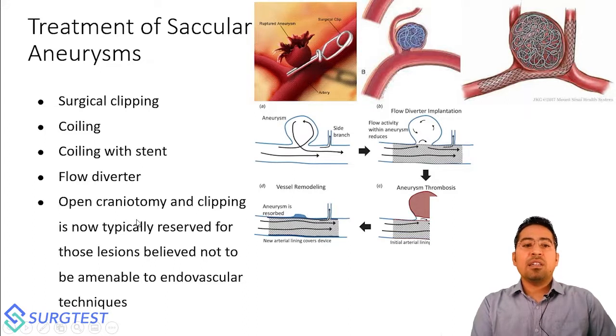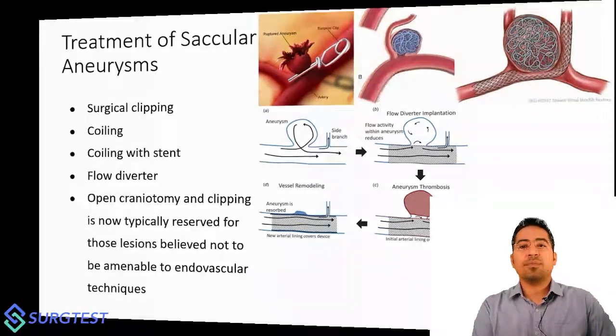And as you know, in case you want to put a clip, you will have to do an open craniotomy and clipping. Earlier, clipping used to be the first choice, but with the advent of the endovascular route, these days they try to manage most of the aneurysms via the endovascular route, and only if they are not able to manage, the surgical route is tried.